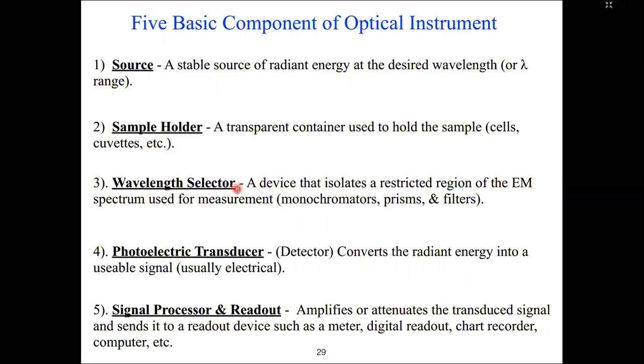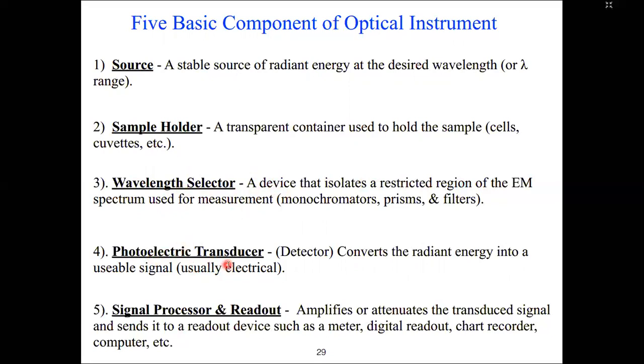Wavelength selector. The wavelength selector is a device that isolates a restricted region of the electromagnetic radiation spectrum for measurement. Basically it is a selector, meaning that device will select a certain wavelength or a certain range of wavelengths. That is called the wavelength selector.